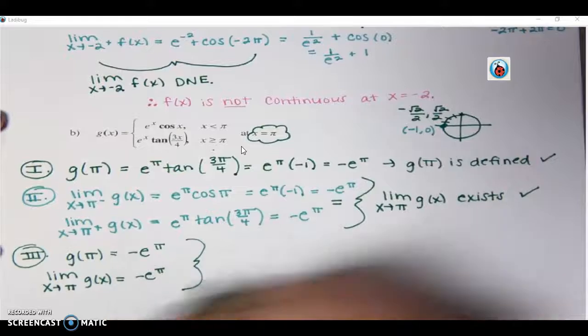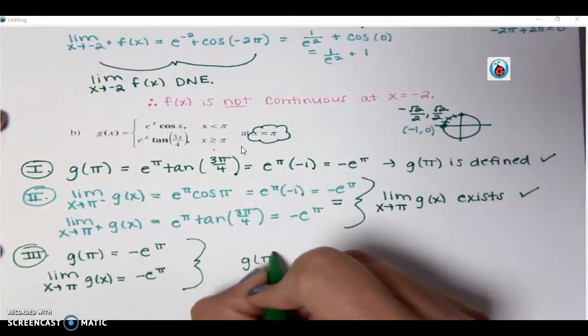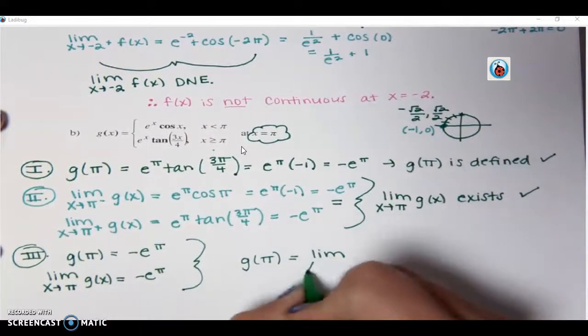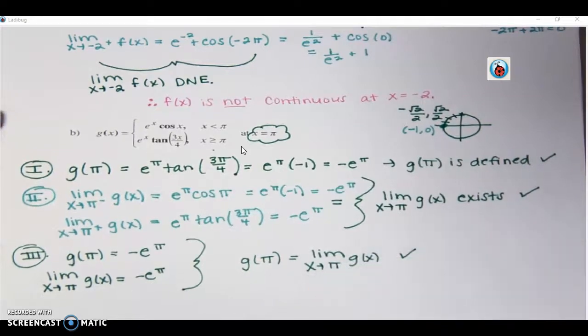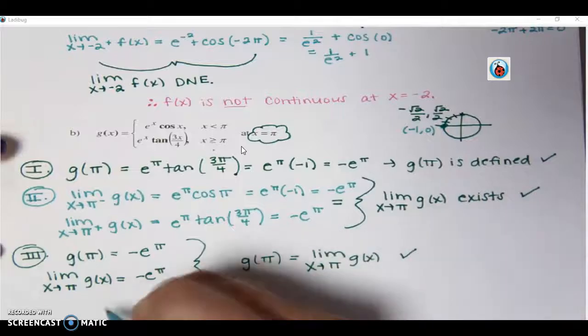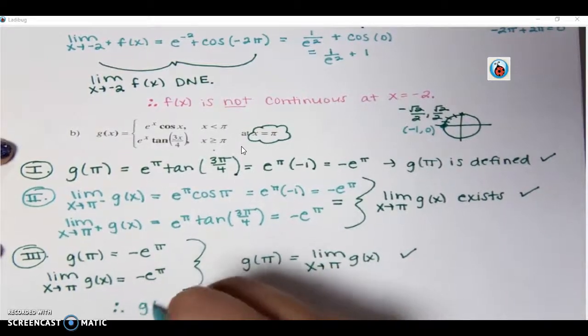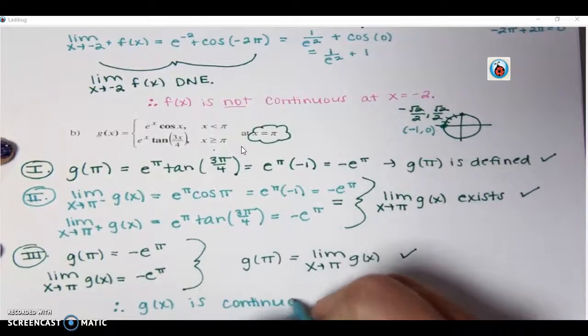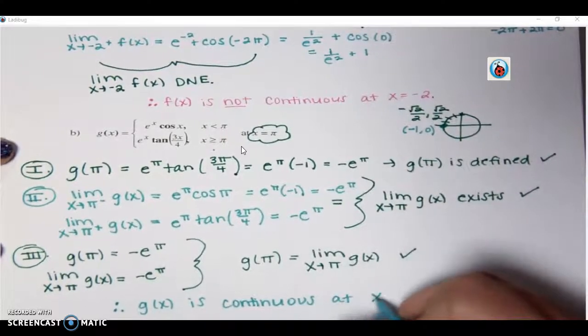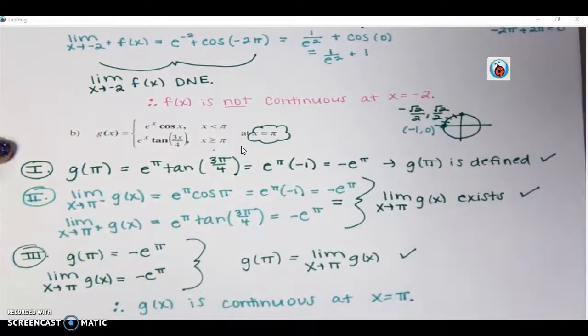So this means that g of pi is equal to the limit as x approaches pi of g of x, which is what we needed in step 3. So because all 3 parts are equal, now you can say g of x is continuous at x equals pi. Okay, because all 3 things pass, we can say that it is continuous there.